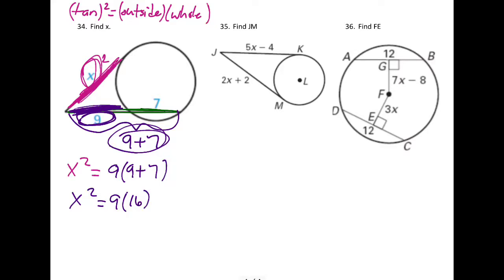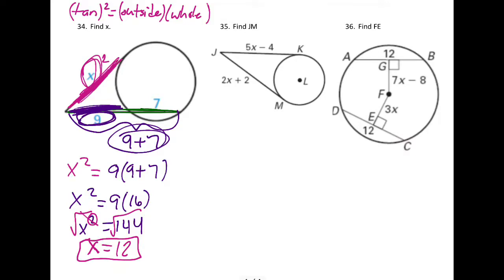And 9 times 16 is 144. And so if we take the square root of both sides to get rid of the squared, those cross out. So you're just left with x is equal to 12. Since we're dealing with lengths, you don't want to use negative 12, so we're just using the positive. So x equals 12. All right, so we're done at that point.